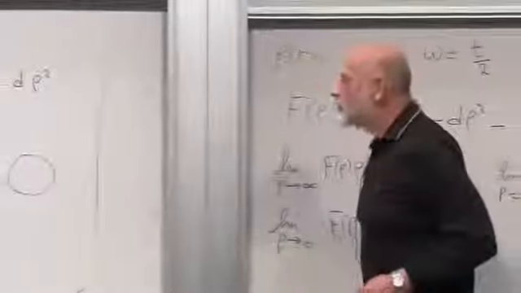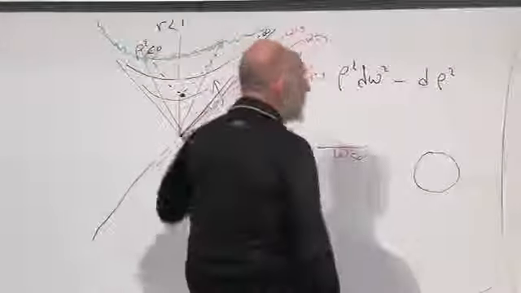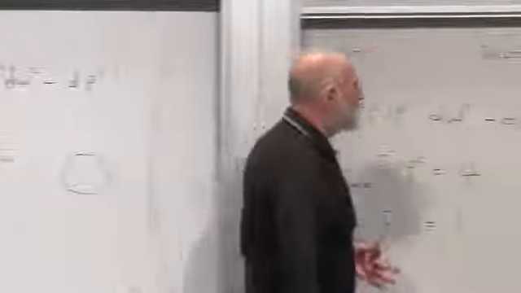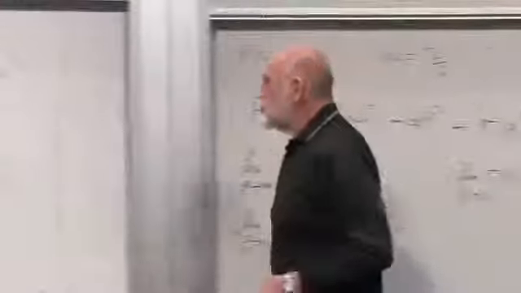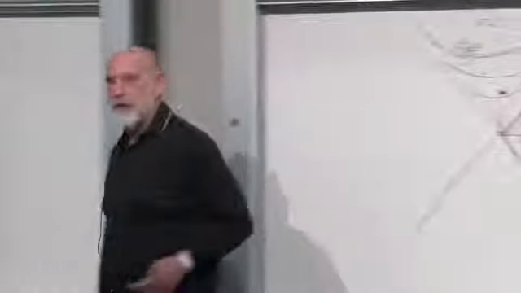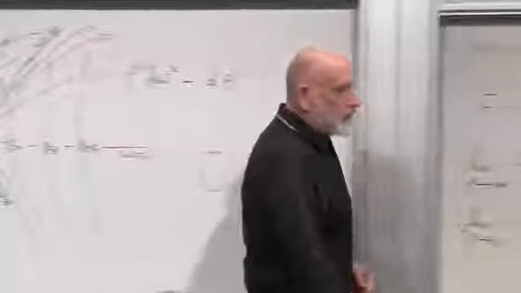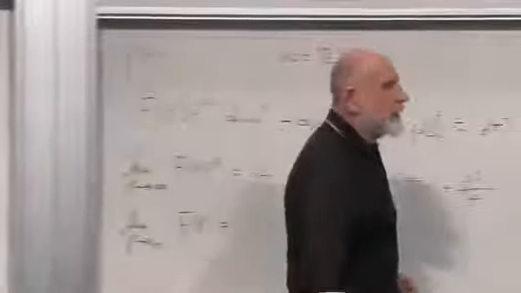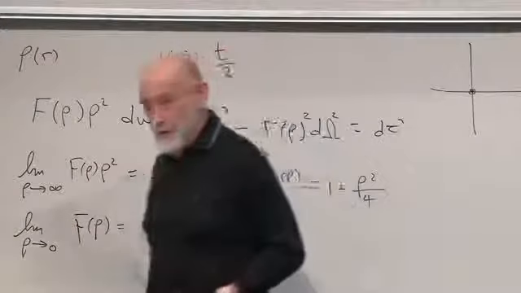Okay. These coordinates, the coordinates that I've constructed over here, have a name. They're called Kruskal coordinates. I'll tell you the history. Maybe I should spend 5 minutes telling you the history of black hole physics. When Schwarzschild wrote down the Schwarzschild metric, he didn't know that the horizon was a horizon.